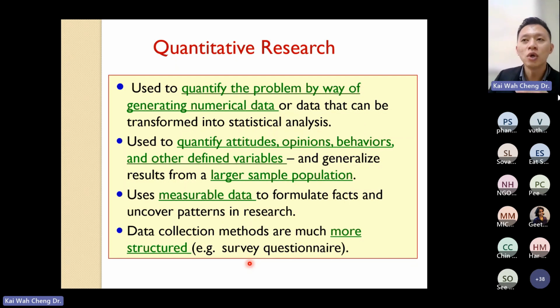That means you import all the questions into a Google form, and then you blast the Google form through digital media, for example, your Facebook account, Instagram, WhatsApp, email. So these are the ways to conduct an online survey. Basically these are the general information for quantitative research.